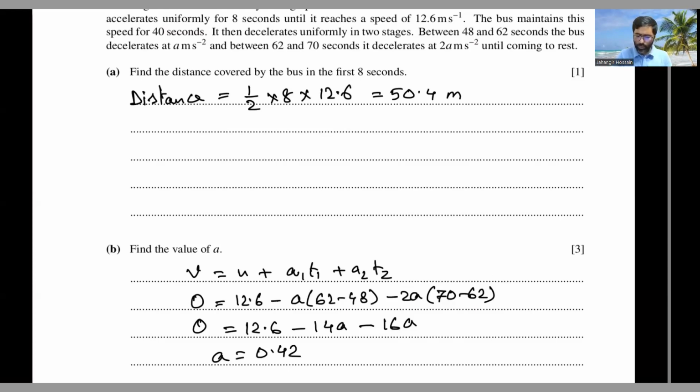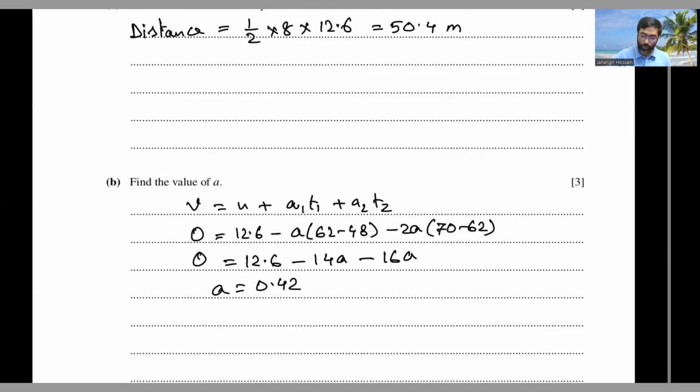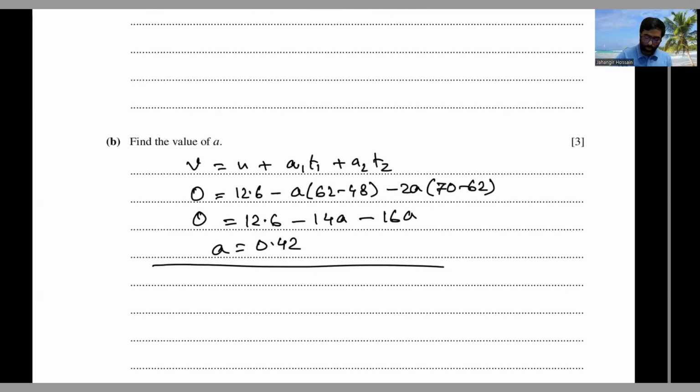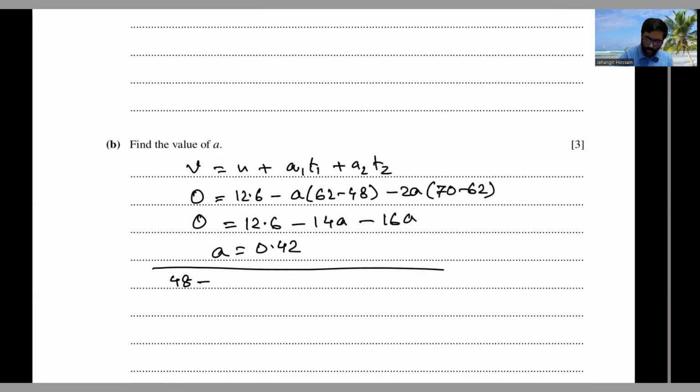You might wonder why I'm directly applying this one. If you don't want to follow this, you can do it from 48 to 62 seconds. We apply v equal to u plus at, and we have 12.6 minus a into 14, so at 62 it is 12.6 minus 14a.